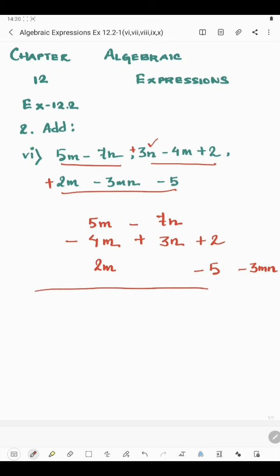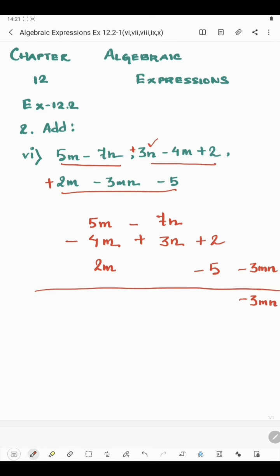Now we will add these 3. We have written all these 3 expressions in 3 different lines as we are following the column method. Okay, now here minus 3mn, with this term no term is present, so it will come down as it is.